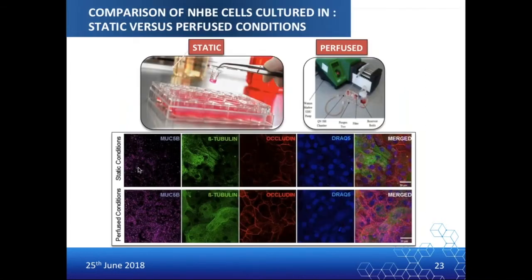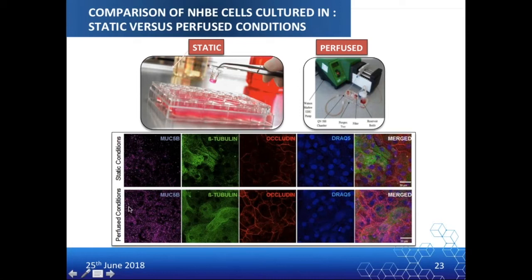And to see whether the system is really of advantage for our cells, we cultured NHBE and small airway epithelial cells, either under static or perfused conditions. And now I want to show you some results from this study, because what we found was that under static conditions, the cells showed a slower differentiation compared to cells which were at the same age in air-liquid interface under perfused conditions.